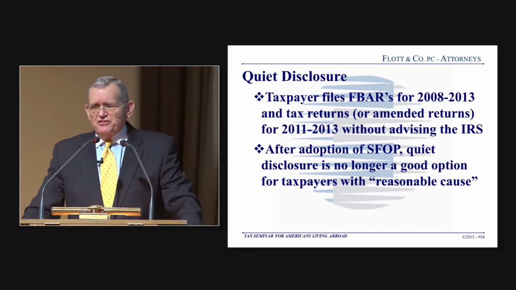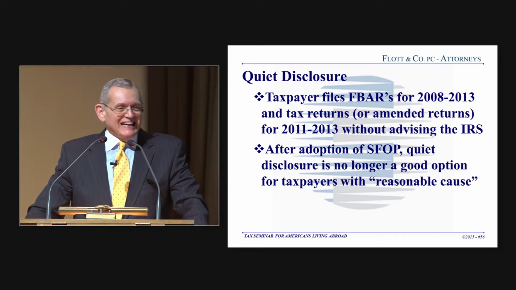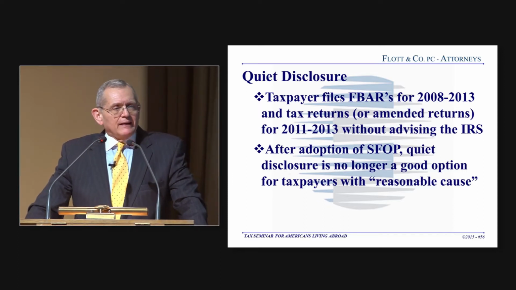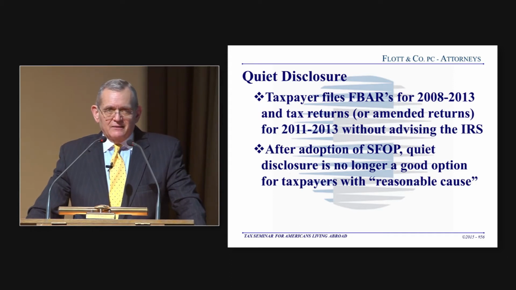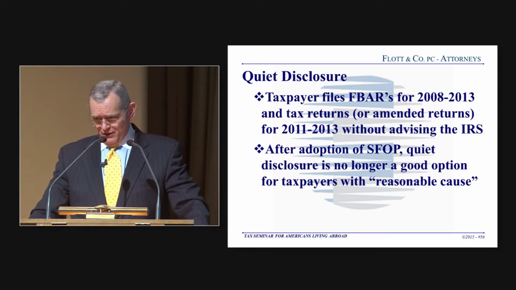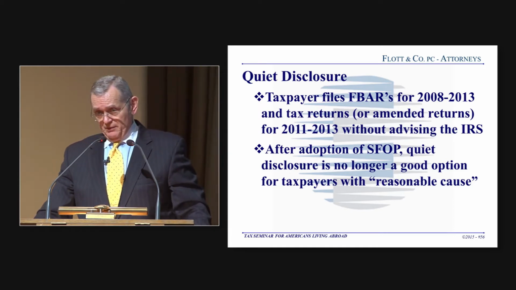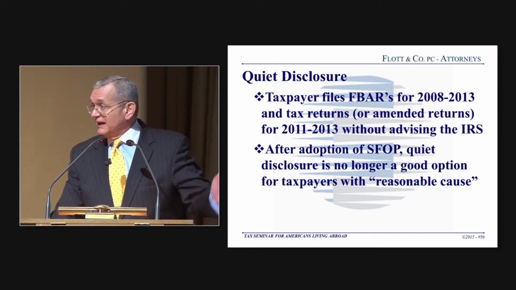The problem is the IRS is on the lookout for quiet disclosures, and it's already made it clear that it doesn't like them. After the adoption of the SFOP, I think quiet disclosure is no longer a good option for taxpayers with reasonable cause because you've got a ready-made avenue to get in, get clean, and get out.